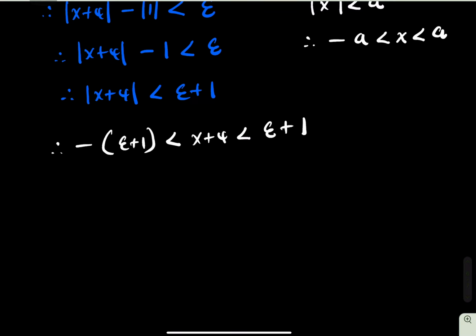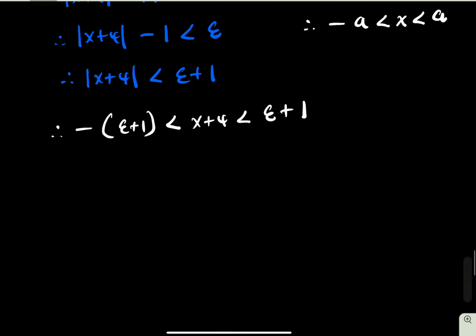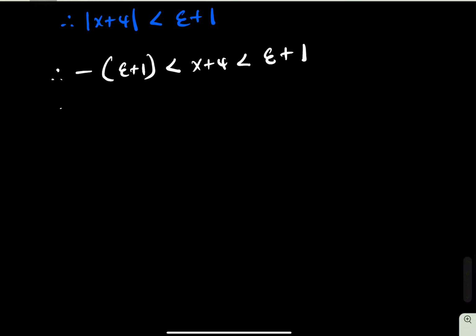From here it's basic algebra. That is to say, negative epsilon minus 1 is less than x plus 4, less than epsilon plus 1.